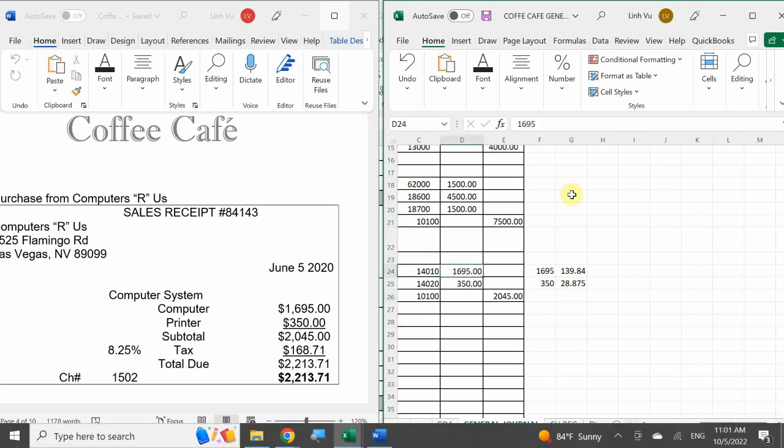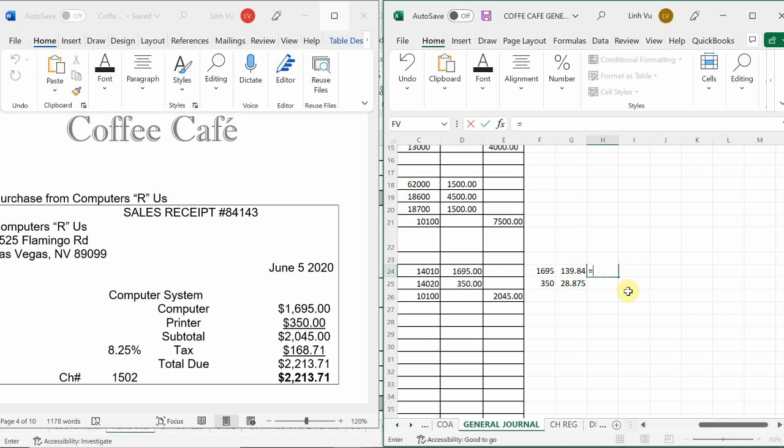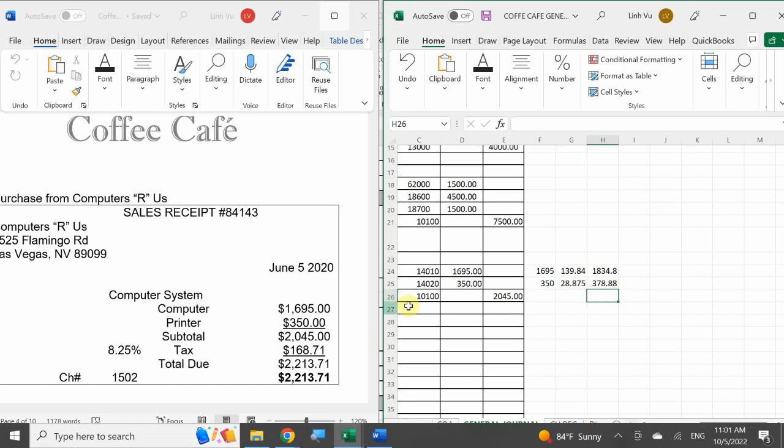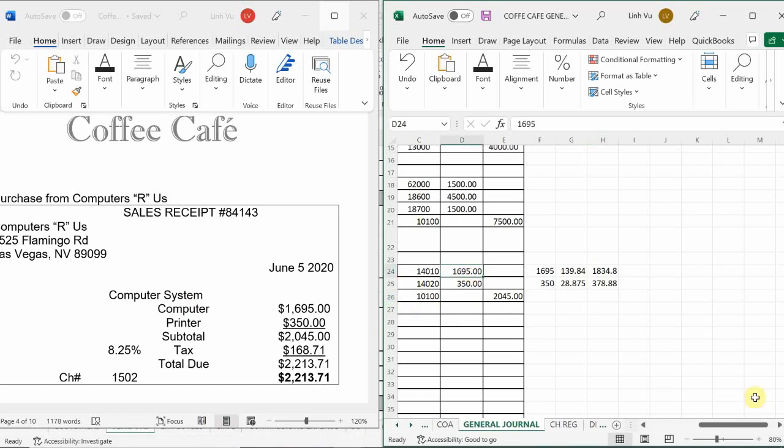So in this case, if I have to add it to my asset, okay. So my computer, let's say right here, you said it's 1834.80. And then we have my printer for $378.88.